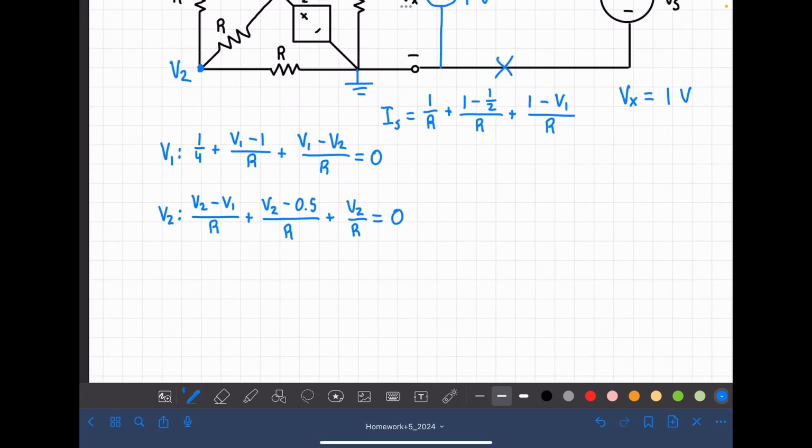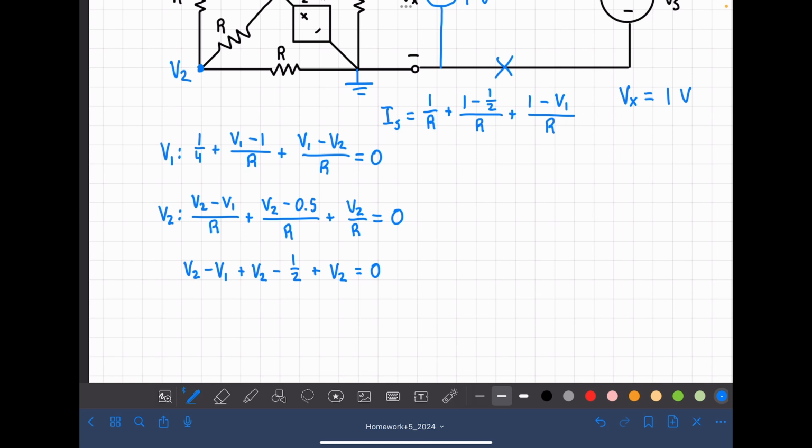Just looking at this, it's messy and we only have 2 equations. So I'm going to do substitution to solve this system. I like the look of this one. I'm going to go ahead and multiply it all by R. I get V2 minus V1 plus V2 minus 1/2 plus V2 equals 0.